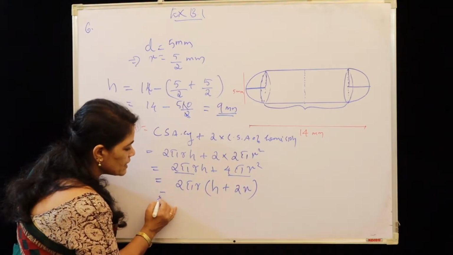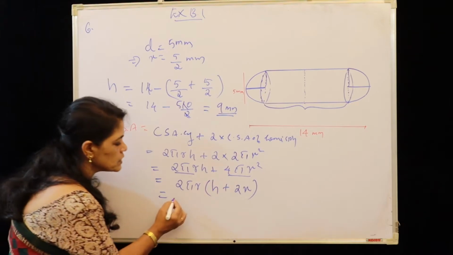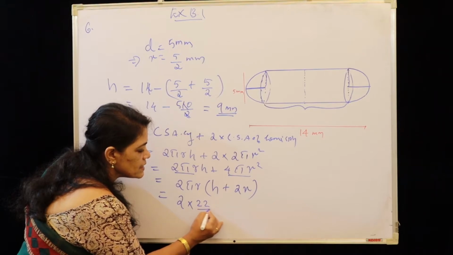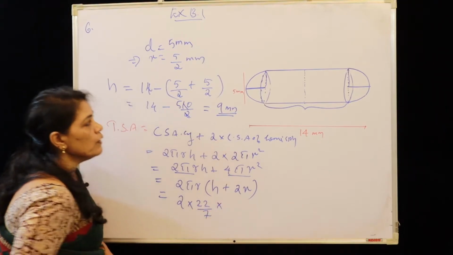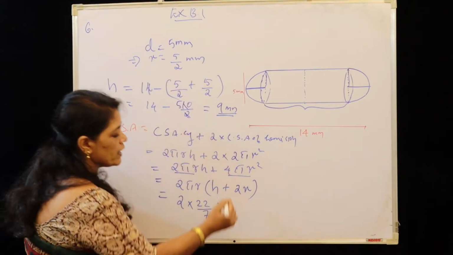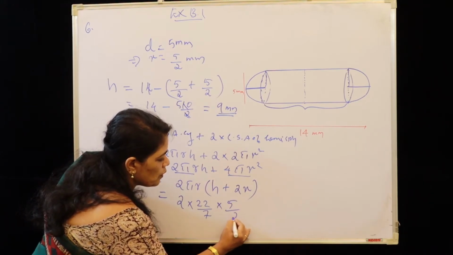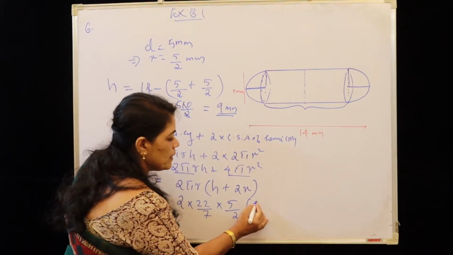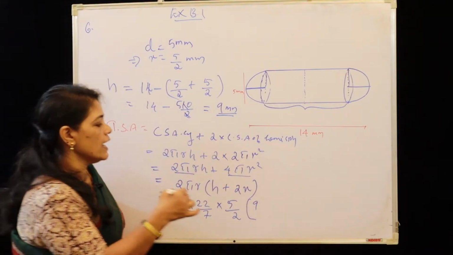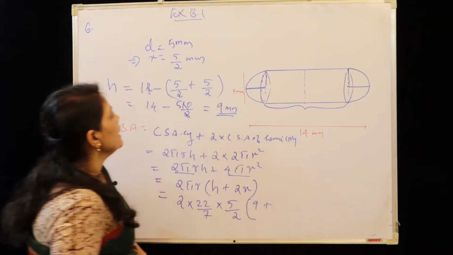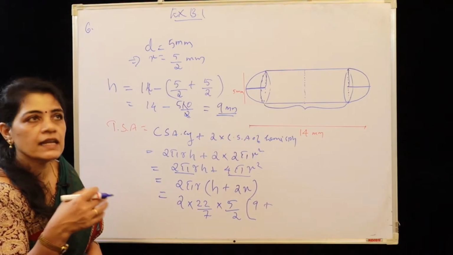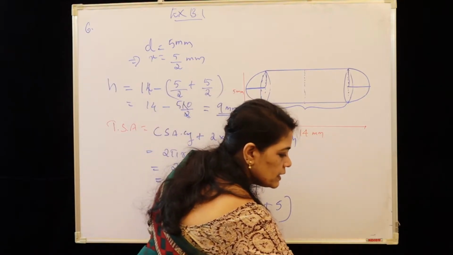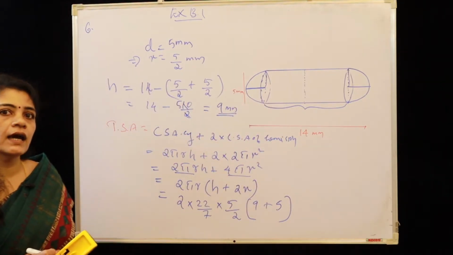So the next step we are substituting the values: 2 into 22 by 7 into radius 5 by 2. In the bracket, height is 9 mm, we have seen 9 mm, plus the diameter, 2r, which is 5. This will come in the bracket after taking 2 pi r common.